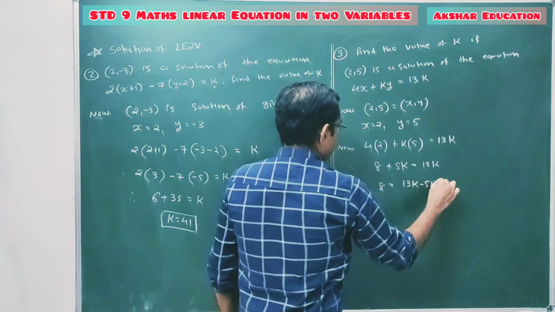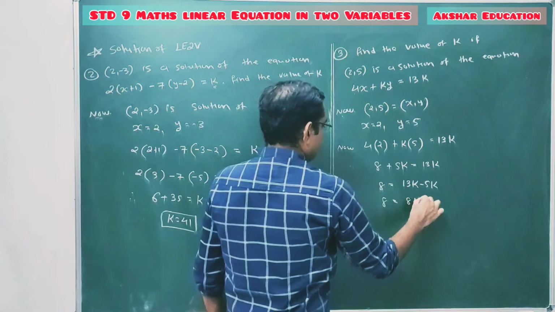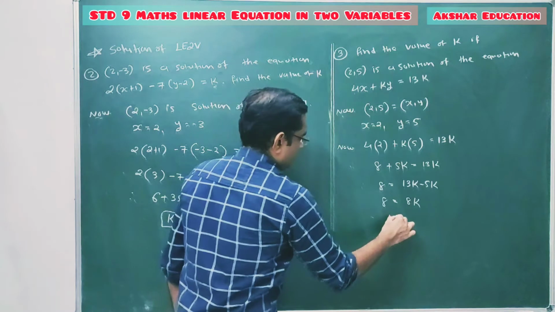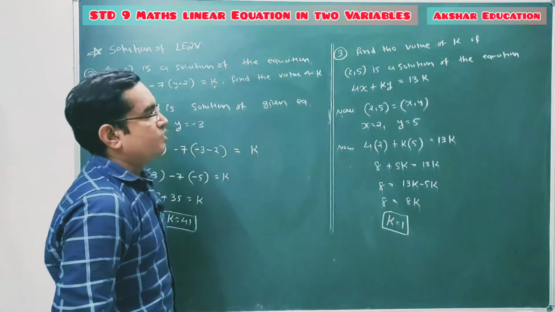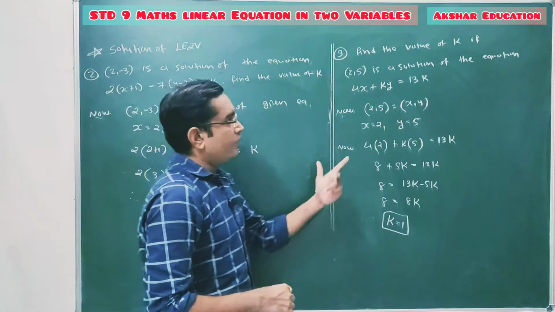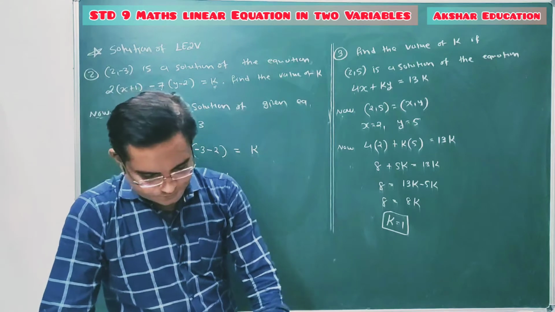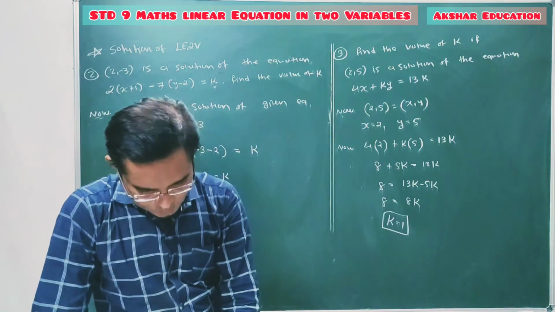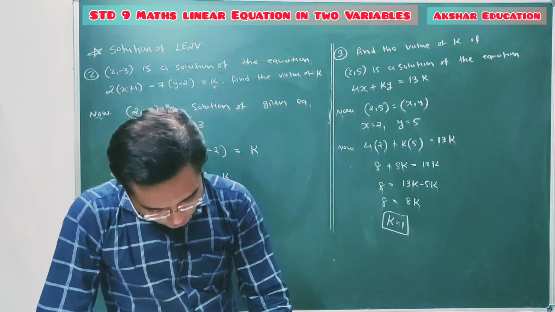So 8 equal to 8k, and therefore k equal to 1. Clear now? So this is how you can find the value of unknown by using the solution of given equation. Let me check if we can find one more sum.